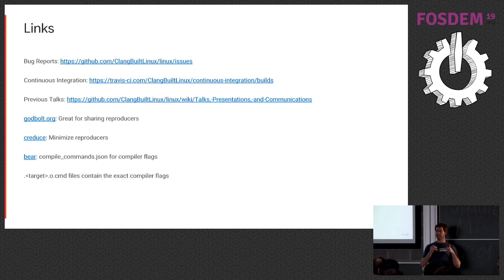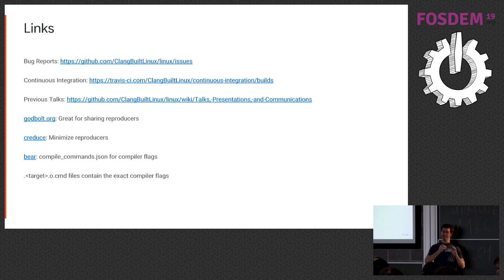So it's a poor man's CI, a cron job running every night, but for all of these various 30-something targets. You can check that out. It's just running on Travis. We have a link to other talks and other material if you're interested in finding out more about the history of the project.